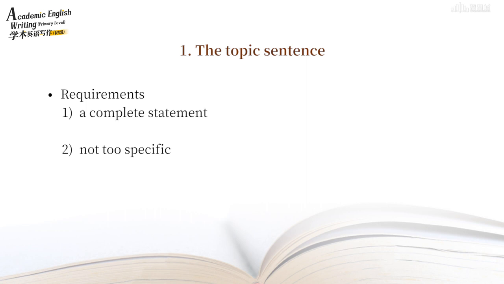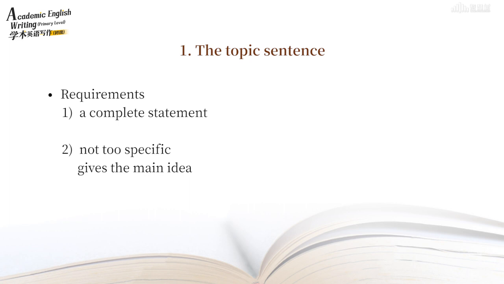2. It should not be too specific. Compared with other sentences in a paragraph, the topic sentence is the most general statement because it gives the main idea. It does not give any specific details, otherwise it may become too specific.